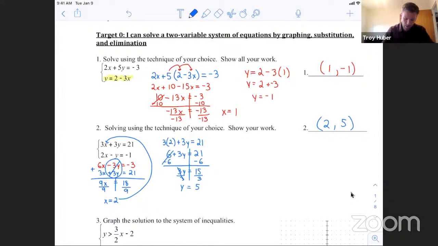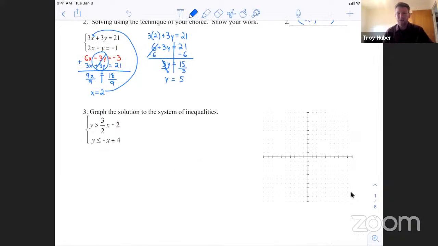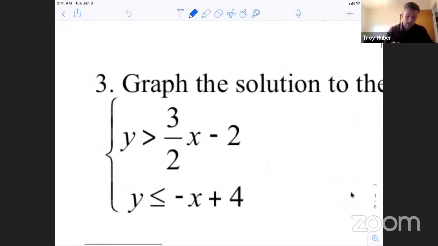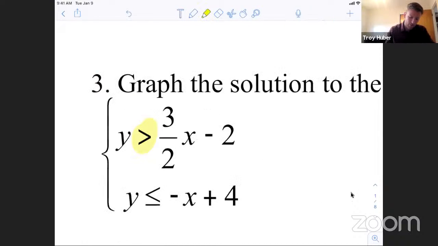Okay, moving right along. Let's look at how we would graph. However, it's not your typical graph because we have inequalities here. So we're going to be graphing these two inequalities. Inequalities just means you have that greater than or less than or equal to sign.